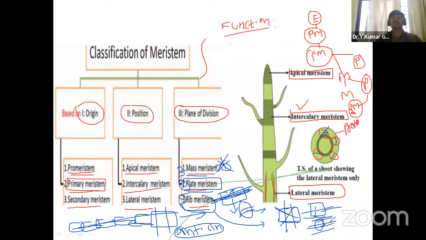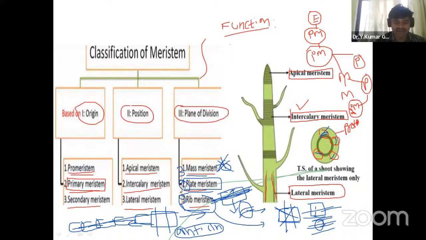In mass division there is no fixed plane. The stele region, pericycle, medulla, and vascular bundles are formed by mass cell division. So this is plane of division, and all the internal parts are formed due to it.